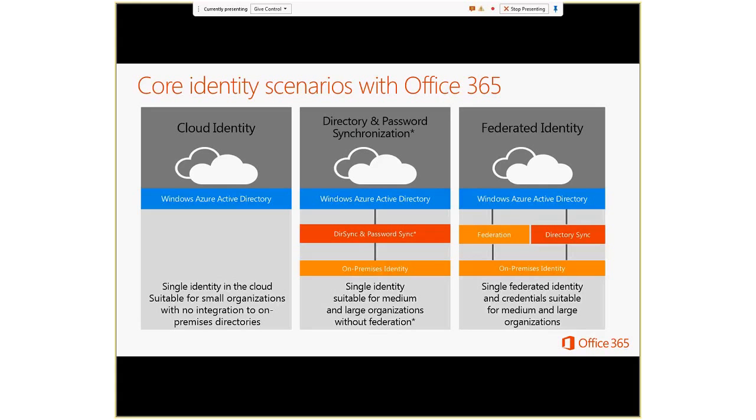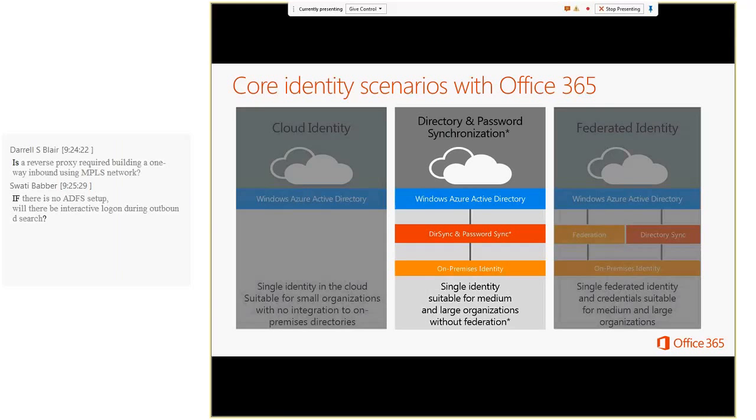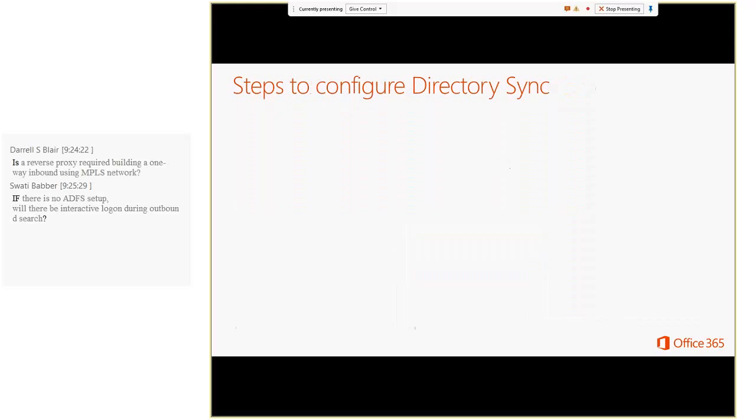In today's session we are going to look at directory synchronization and password sync. Before we get to the actual demo, let's quickly look at the steps to configure directory synchronization, because we are taking an example of an Office 365 environment which the company has just subscribed to. They need to activate directory synchronization from within the Office 365 admin portal.